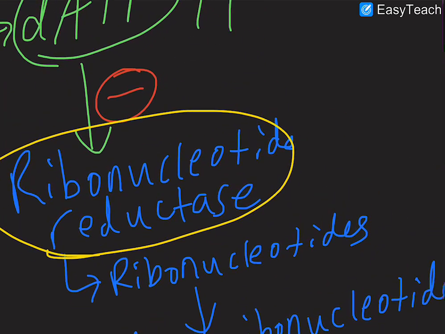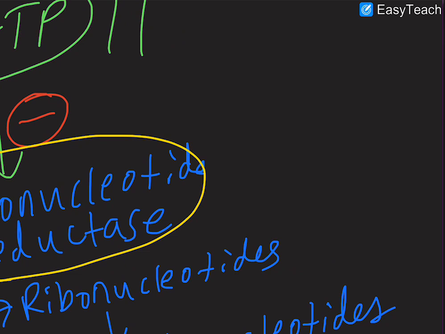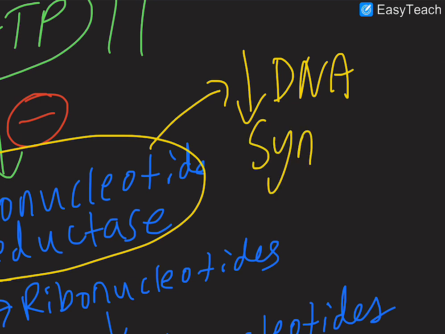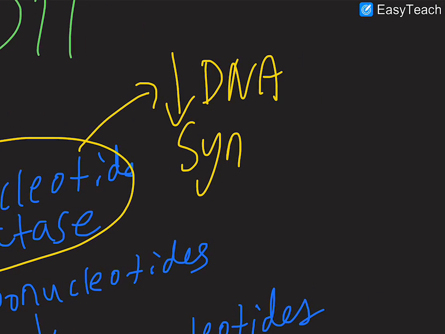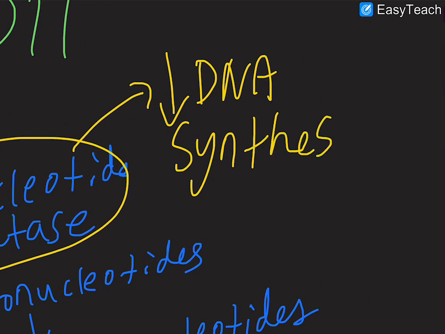And if you inhibit this, you cannot create adequate amounts of DNA. So you'll have decreased DNA synthesis because you can't create as many deoxyribonucleotides anymore.